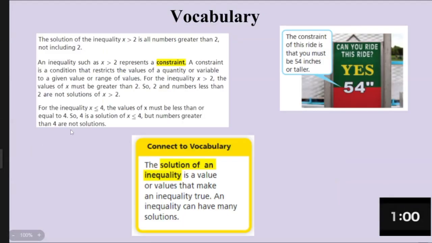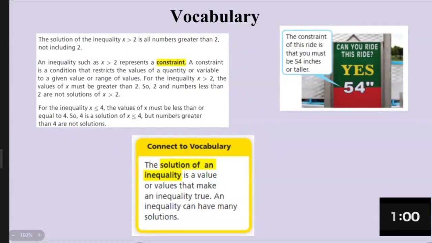Okay, so let's continue reviewing some vocabulary related to inequalities. The solution of the inequality x is greater than 2 is all numbers greater than 2, but not including 2. Now we're going to go over the word constraint. An inequality such as x is greater than 2 represents a constraint.